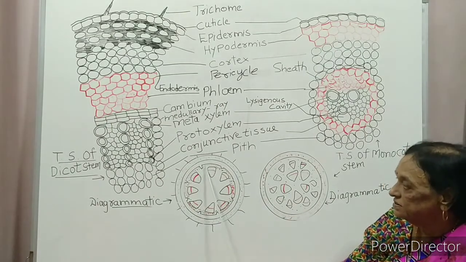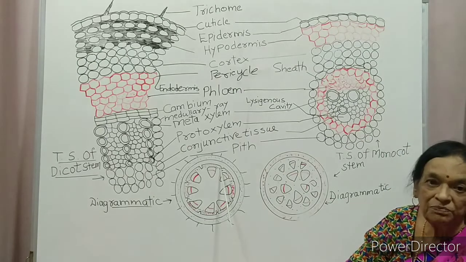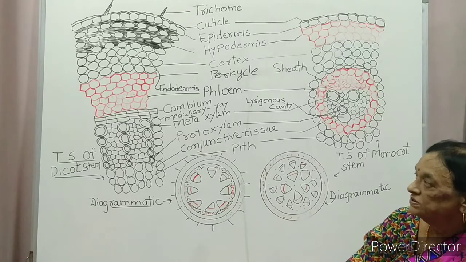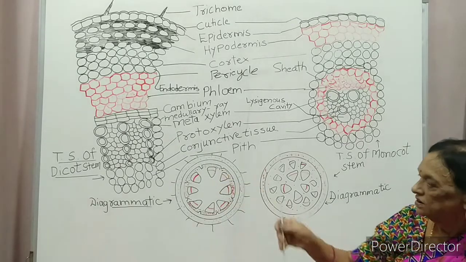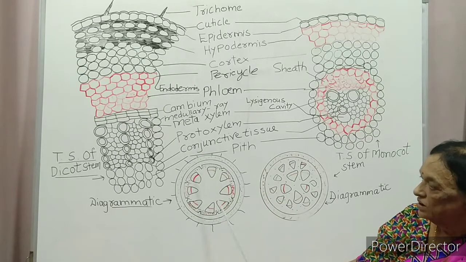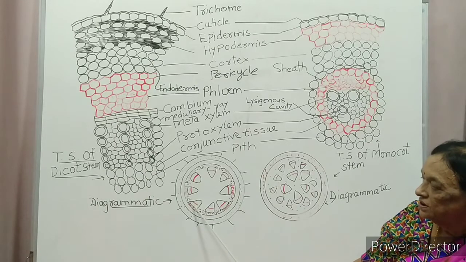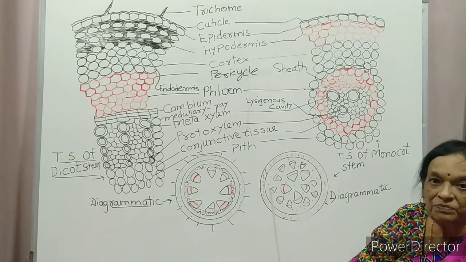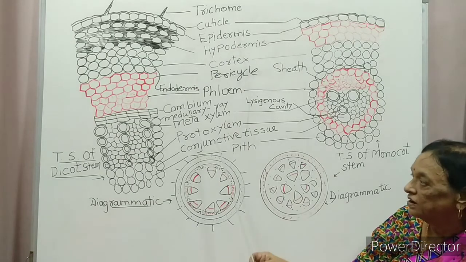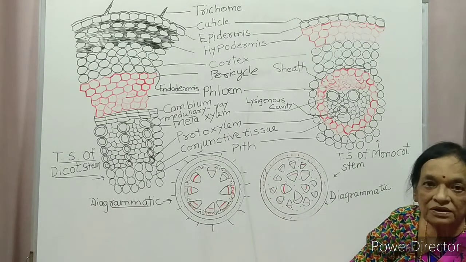Pericycle consists of sclerenchyma alternating with parenchyma. Can you see sclerenchyma above each vascular bundle? So here the sclerenchyma, red dots, are above each vascular bundle. So what is the specialty of pericycle of dicot stem? Sclerenchyma alternating with parenchyma.